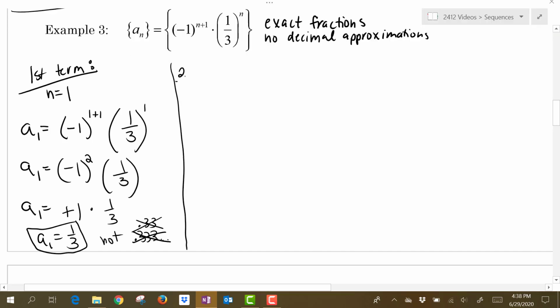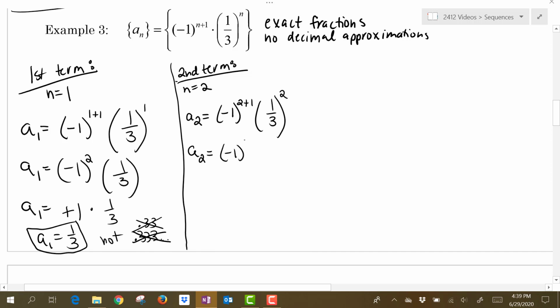All right, what's the second term of our sequence? We're going to set n equal to 2. So a sub 2 is (-1) to the power of 2 plus 1, times (1/3) to the power of 2. So a sub 2 is (-1) to the power of 3 times 1/9.